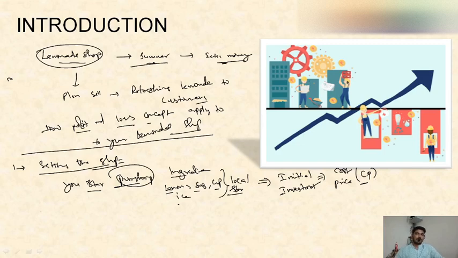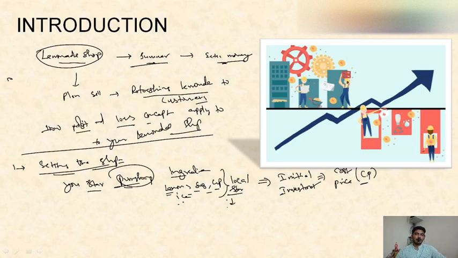So first you have an idea to set up a lemonade shop during the summer to get some profits, and you plan to sell refreshing lemonade to the customers. In this scenario, you need to analyze how profit and loss concepts apply to your lemonade shop. First set up the shop, then purchase ingredients like lemons, sugar, cups, and ice from your local shop.